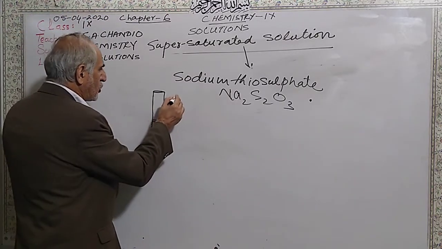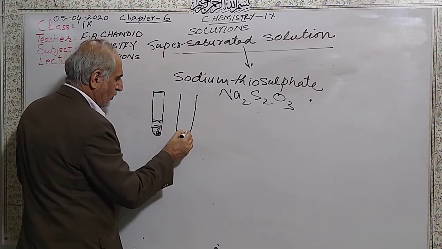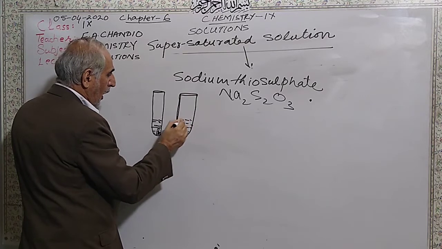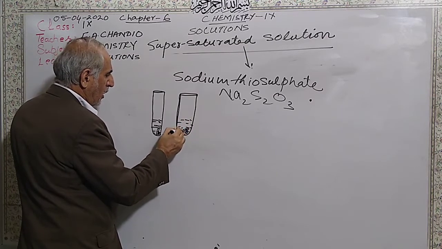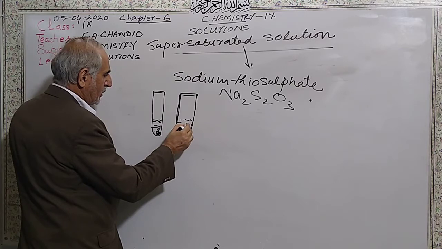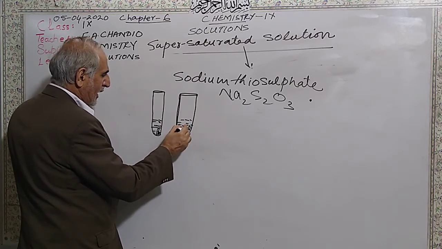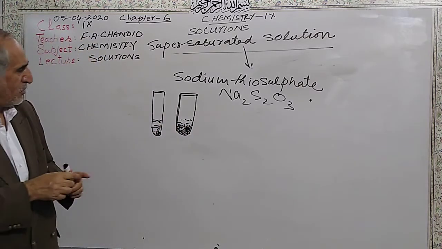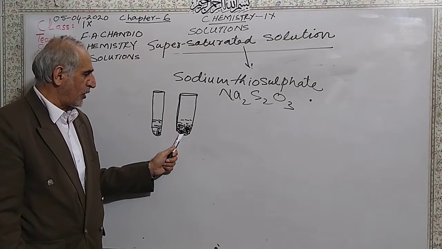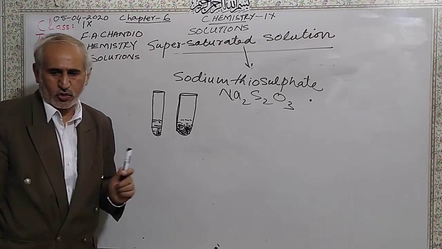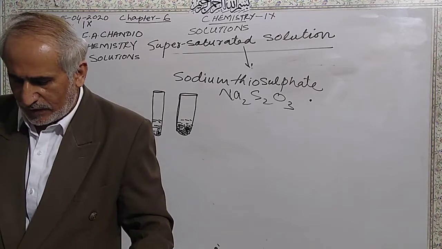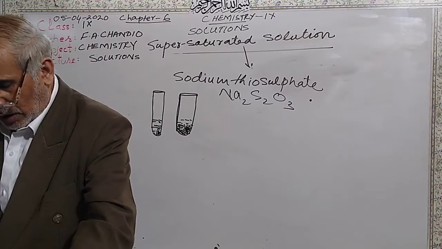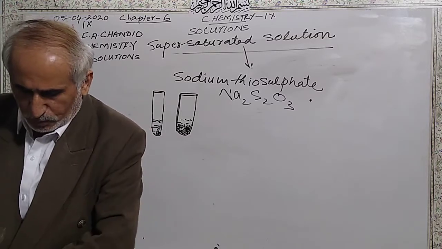And if you drop a crystal in a solution and you get a huge precipitation, crystallization, as the diagram in your book shows, this means that it is a supersaturated solution. In your book, this diagram is given. So this is how we differentiate a saturated solution and a supersaturated solution.